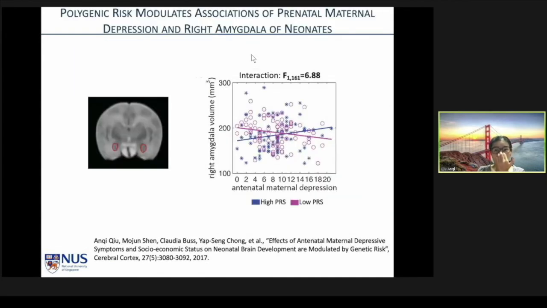Our study also showed a significant interaction between antenatal maternal depressive symptoms and neonatal polygenic risk scores on the right amygdala volume. Neonates with high polygenic risk score and born to mothers with higher depressive symptoms show a larger amygdala volume.